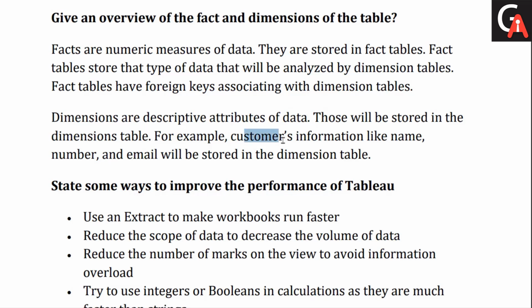For example, customer information like name, number and email address are the description of the customers and their attributes will be stored in the dimension table. So basically, at the very top level, the fact table consists of the data which is the numerical part of the data, and the dimension table stores the data which is on the descriptive level.